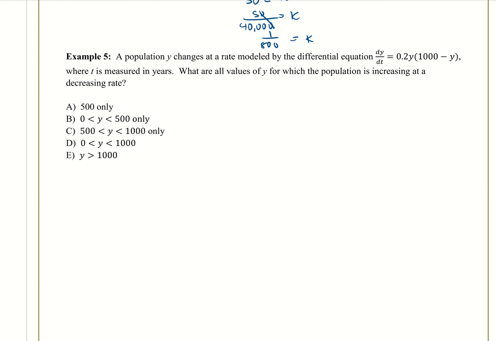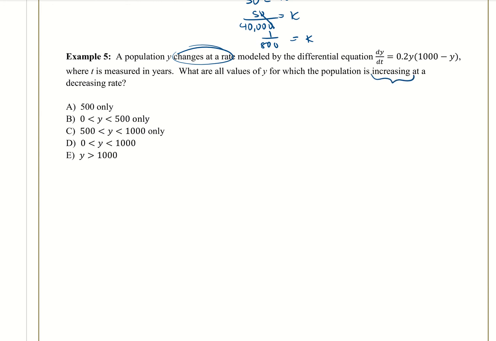Number 5, a population Y changes at a rate, it's derivative language, modeled by this differential equation. Notice this is logistic, but they're not telling you it's logistic. All right, so you have to recognize it. We want the values for Y for which the population is increasing at a decreasing rate. What is that?